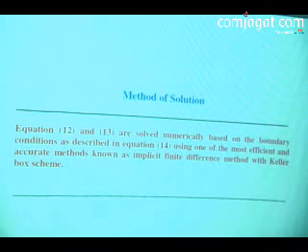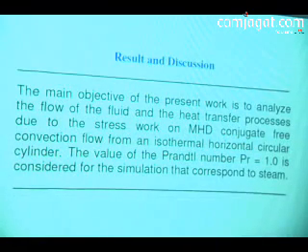This is the method of solution. To solve these equations numerically, we use the finite difference method with the Keller box scheme. Results and discussion. For the whole simulation, we consider the Prandtl number equal to 1.